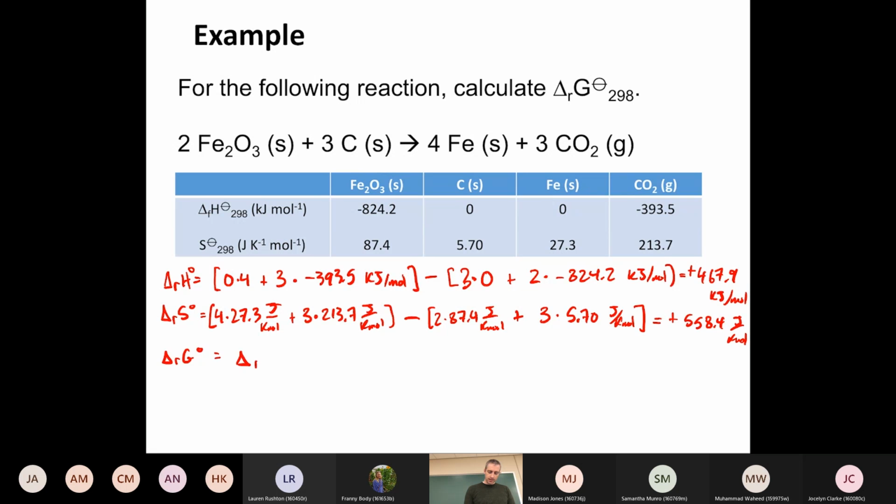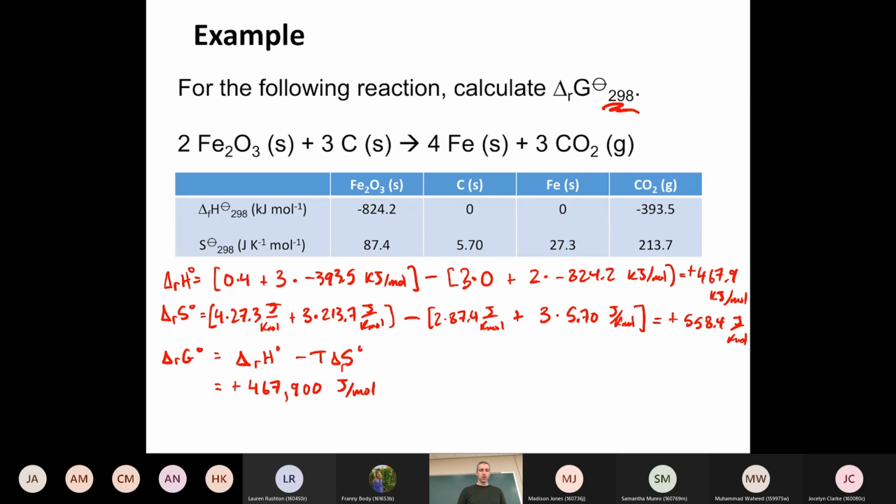So now we can calculate delta G, and that's going to be delta H of reaction minus T delta S of reaction. And 298 is the temp. That's just equal to positive 467.9. Actually, I'm going to change that to joules because we need our units for delta H and delta S to match.